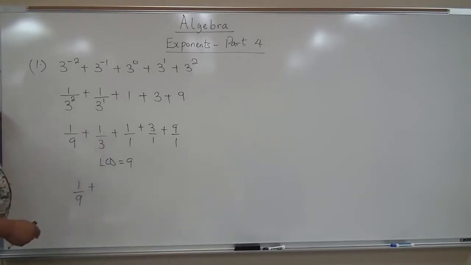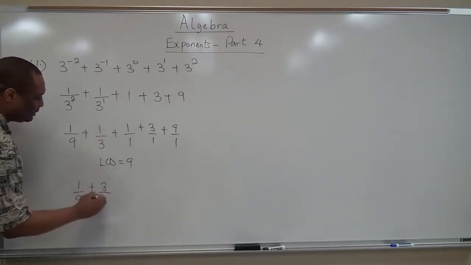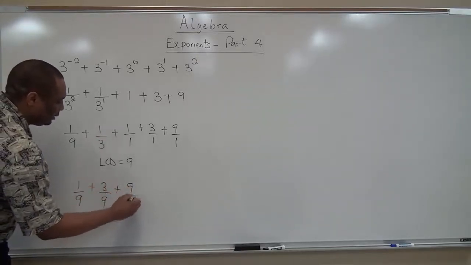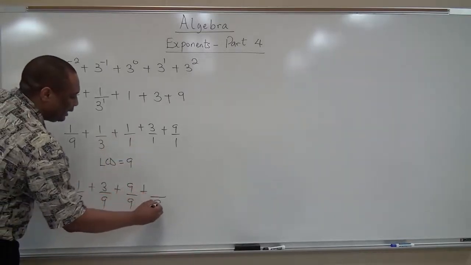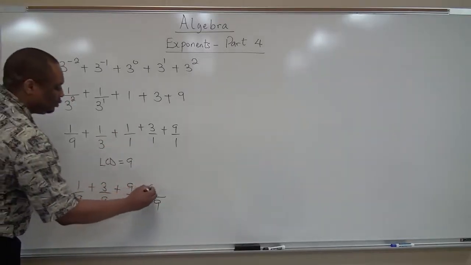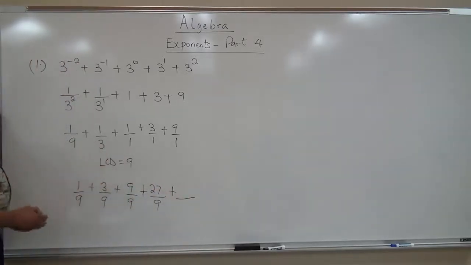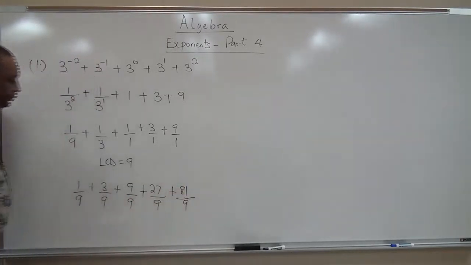When you multiply the denominator by 3, 3 times 3 is 9. You also do the same to the numerator. So the equivalent fraction, 1 times 3 is 3 over 3 times 3, 9. Plus this is 9 over 9, plus 1 times 9 is 9, and 3 times 9 is 27, plus 1 times 9 is 9, and 9 times 9 is 81.